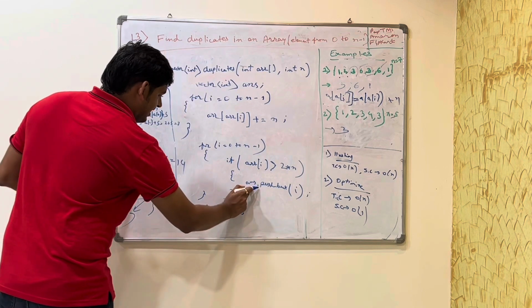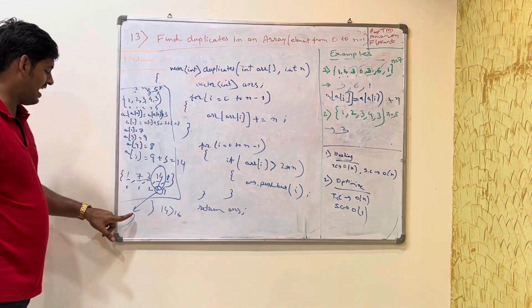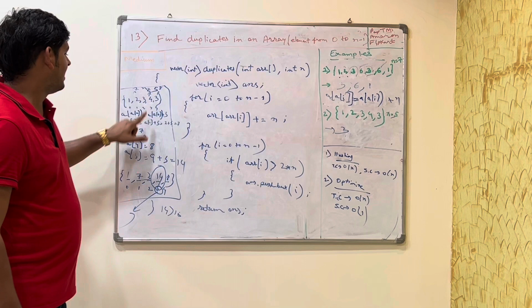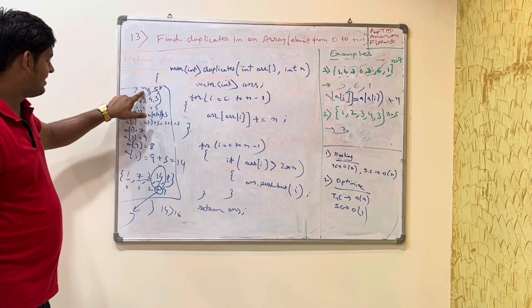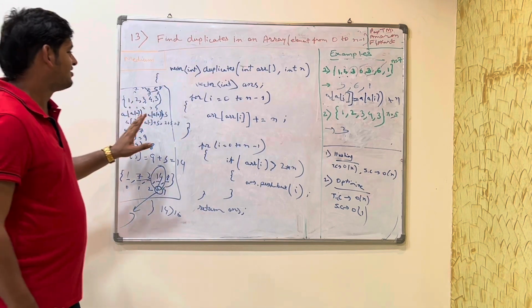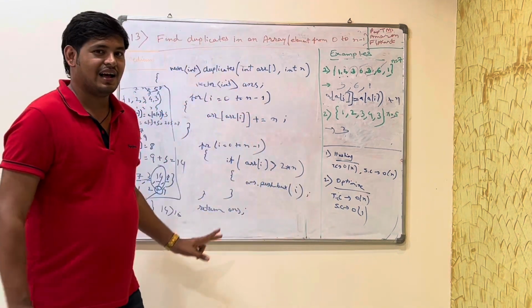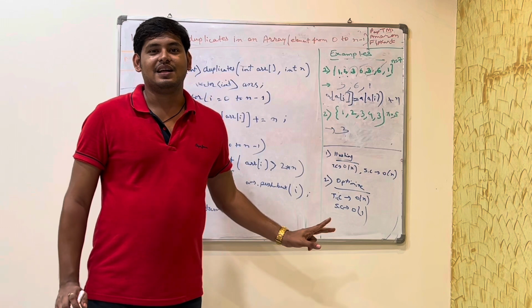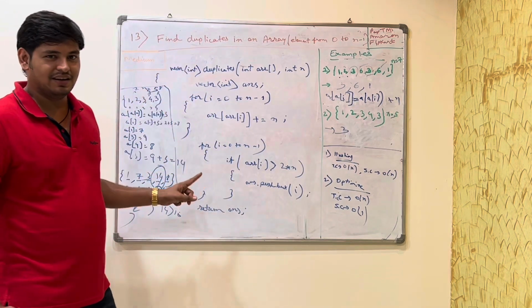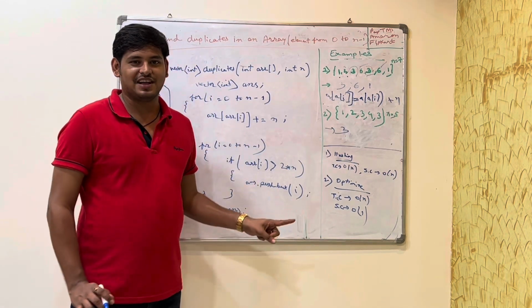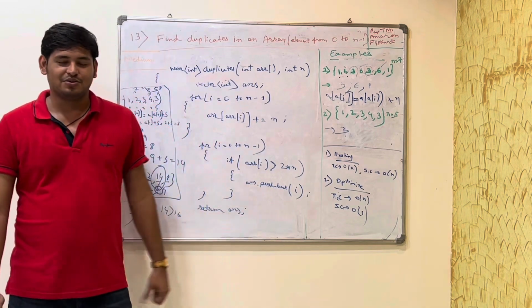So here 3 will come and this vector will have this third element, and that is the index and that is the value here. So in this way we will solve this question. I hope you have understood this question. The link to the question has been given in the description. Please try it yourself, and then let's go to the code walkthrough section.